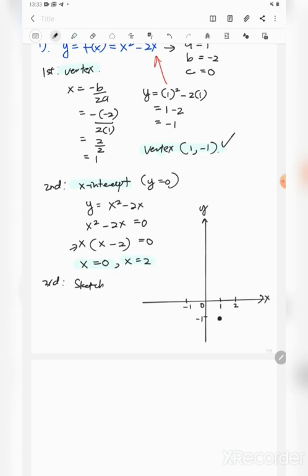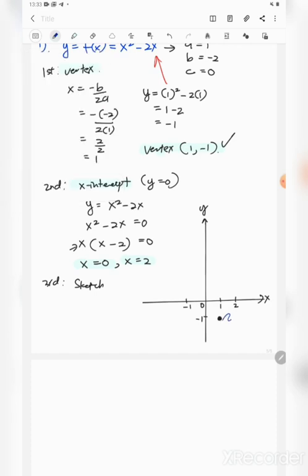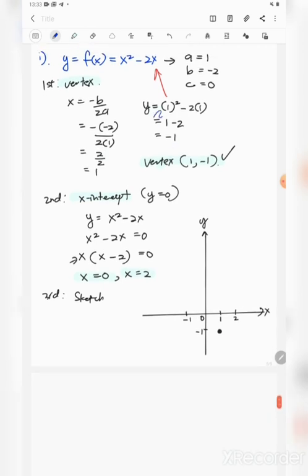Okay, for the x-intercept. To sketch the graph, remember the graph is now a positive graph since we have x squared. Positive means that we will have the smiley pattern of graph. The graph will look like this, from the vertex, and then we have the x-intercept, and like this.